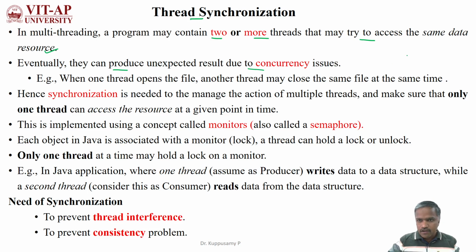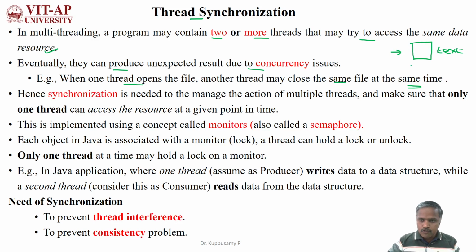For example, assume that we have one text file, which may be a Word file or a Notepad file. When a thread is trying to open this file, another thread may try to close the file at the same time.